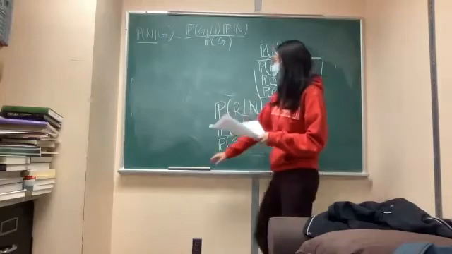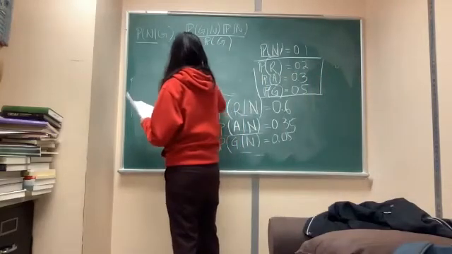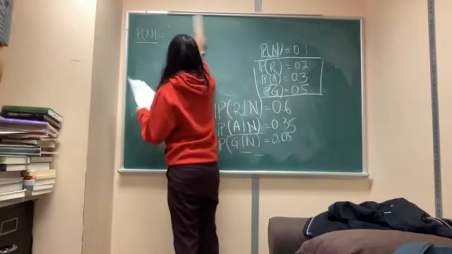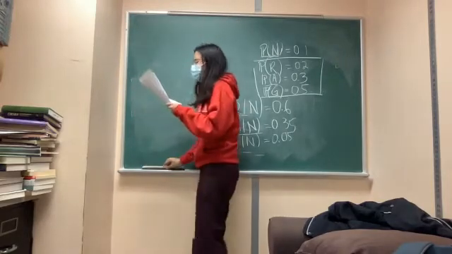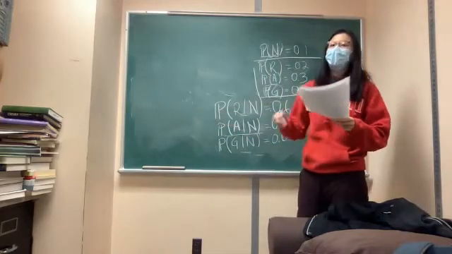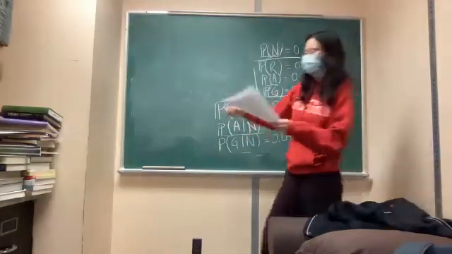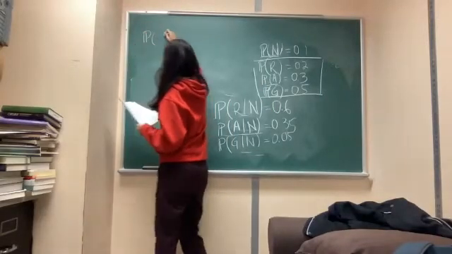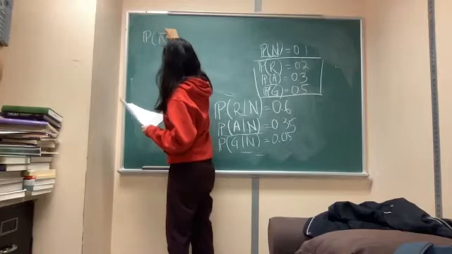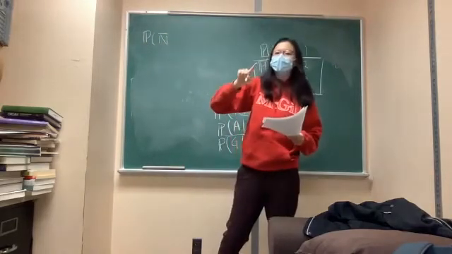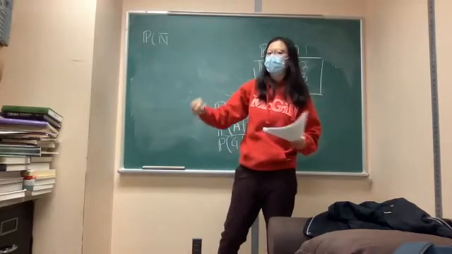The next thing that they want you to do is find the probability that the economy will not enter recession next month if the indicator is red and if the indicator is amber. Okay, so the probability that the economy will not, remember this sign, this overline means that this event does not happen.